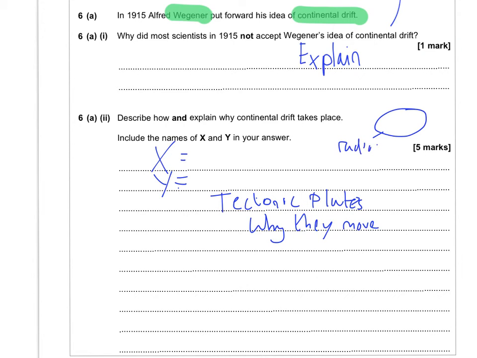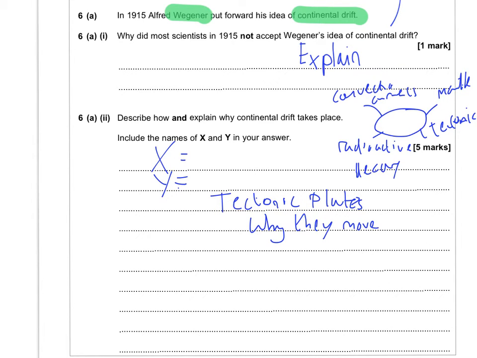That's what's happening in the core, radioactive decay essentially. Convection currents. And mantle. And obviously tectonic plates, which I've already mentioned, but I should have put in here. There we go.